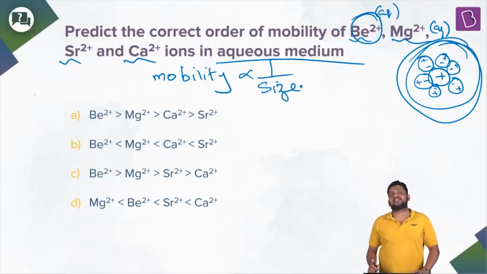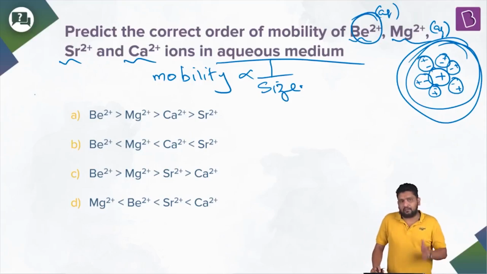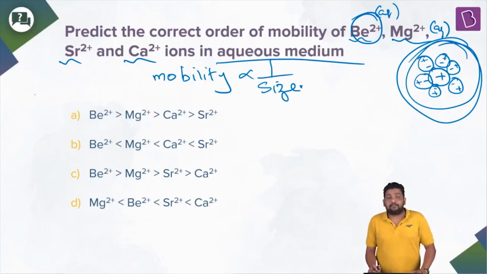Extent of hydration is inversely related to size, basically. So we can say that Be2+ would have maximum hydration. Be2+ would actually be the most heavily giant molecule when in aqueous phase. Not molecule per se, body, let's just say, right? So the particle Be2+ aqueous would be the heaviest and most bound by water molecules, because it is the smallest, right?